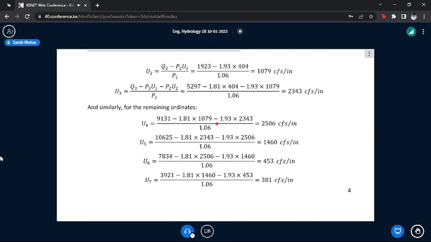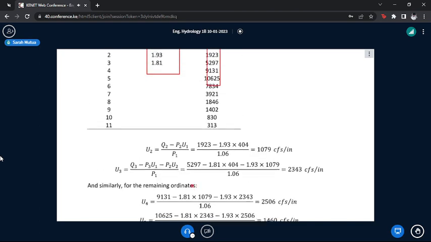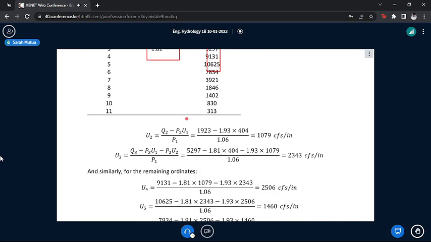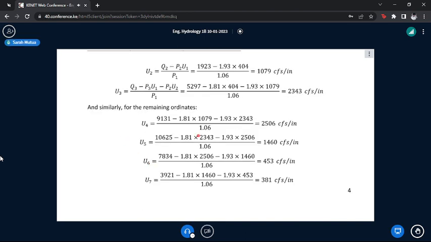About this part, why we have three terms in each of the equations calculating the unit hydrograph, that one I will still explain to you.